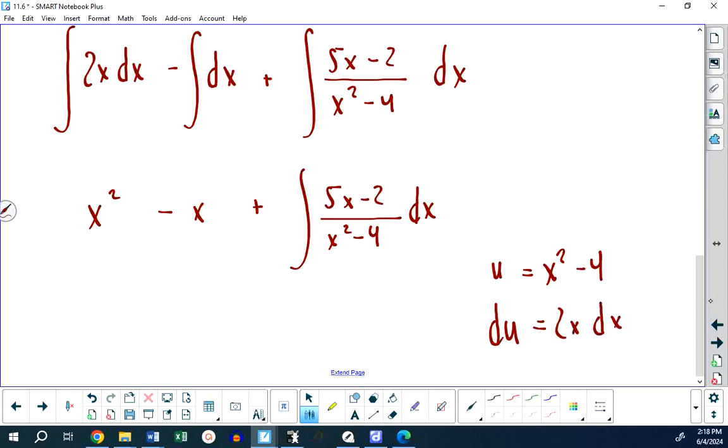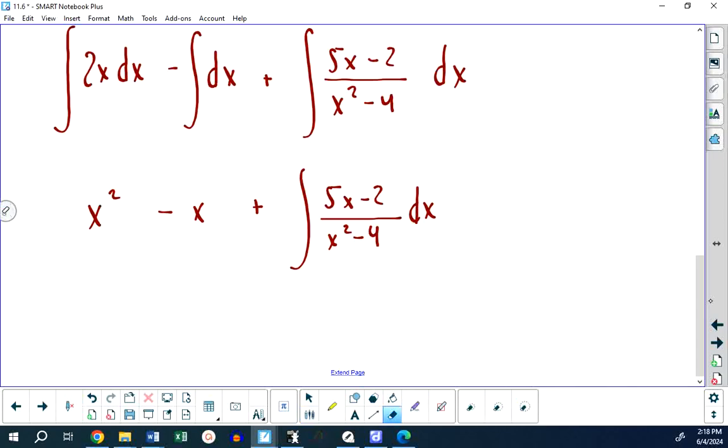I don't think we can get a 2x dx there because this negative 2 is screwing things up, isn't it? If that negative 2 were not there, yes, it would work. We could extract that 5 and manipulate this to make it work. So unfortunately, substitution in this case doesn't work. Sometimes it will at this point, but in this case it doesn't. You got another idea? Split up the denominator and do parts.